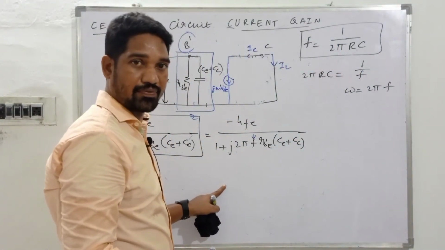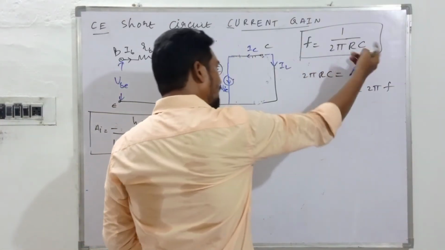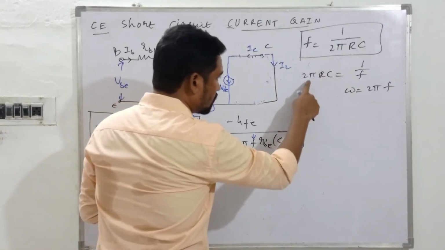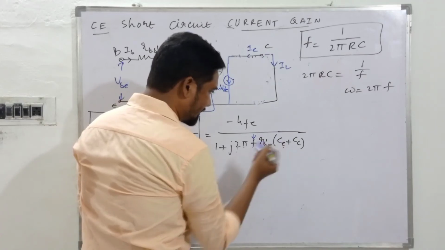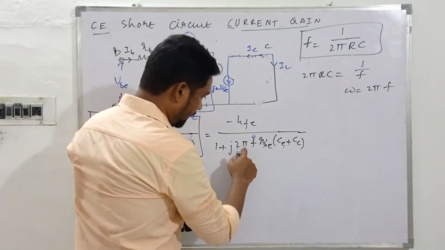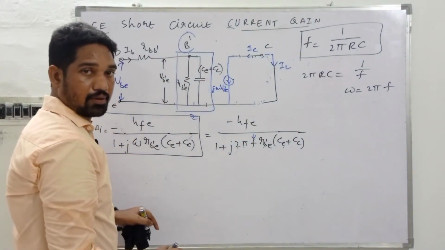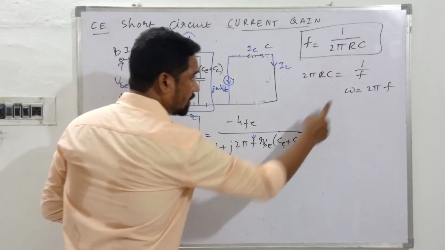We have a proof for that, try for that one. R may be in any form, C may be in any form. So 2 pi RC will be equal to 1 by f.